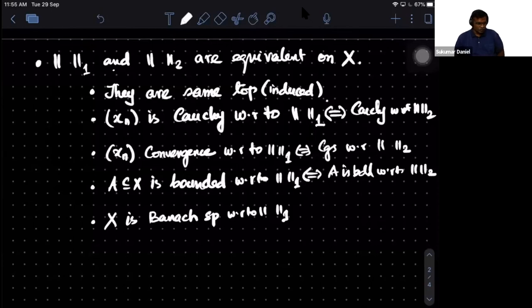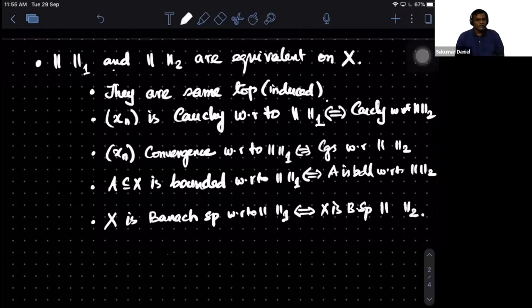Yes. All that I need to check is whether every Cauchy sequence converges, completeness. But if it is Cauchy with respect to one norm, it is also Cauchy with respect to the other norm. But in one norm, Cauchy implies convergence, and hence it is equivalent to convergence in the other norm also. Hence you get this. So X is a Banach space with respect to the other norm.